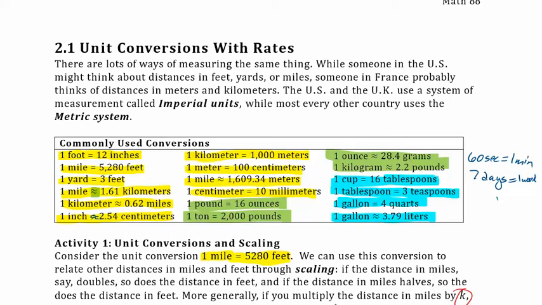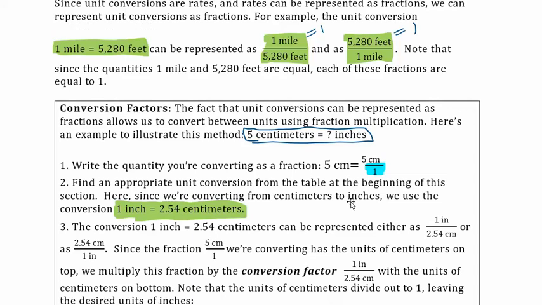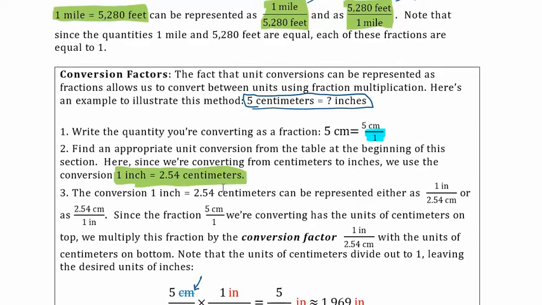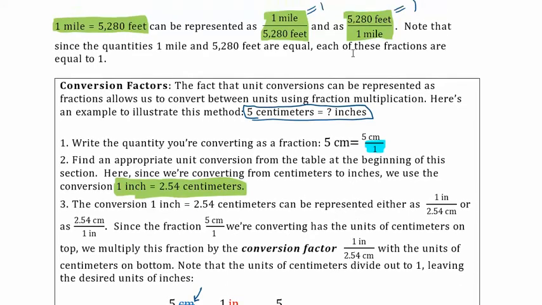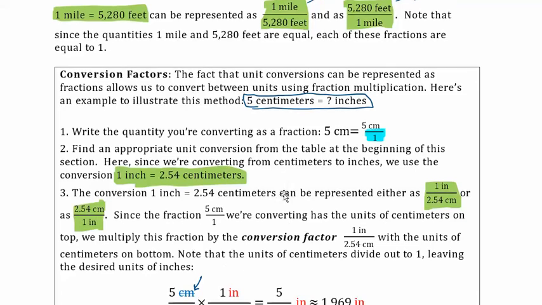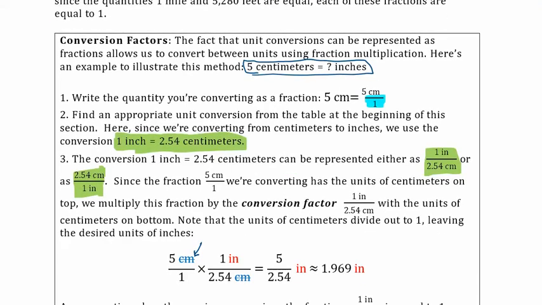All right, let's get back to our problem over here. So we've got our conversion factor. Now, as we talked about above, we know we can write that conversion factor in two different ways as a fraction that's equivalent to 1. So we're going to pick one of these. How do we know which one that we want to pick to multiply by? Here's how you tell.